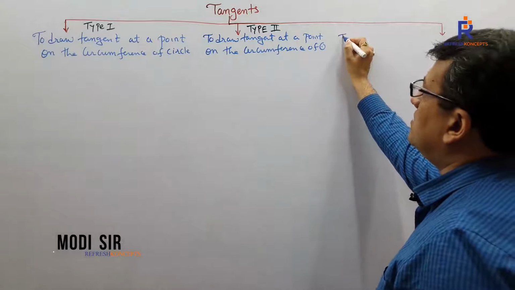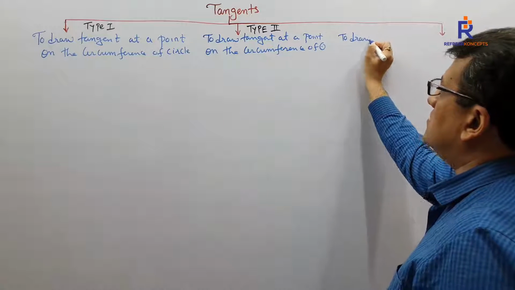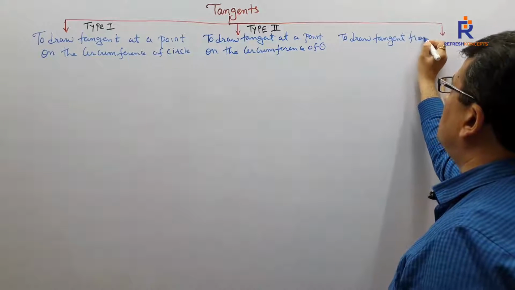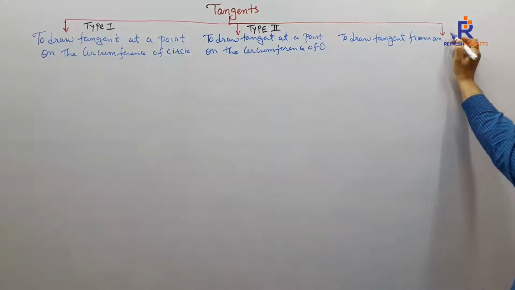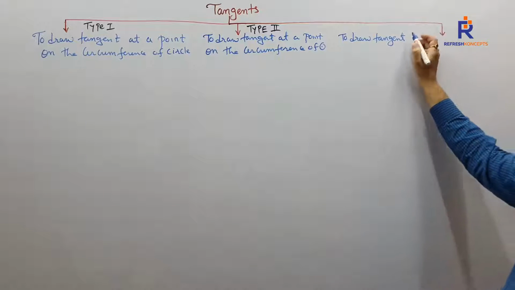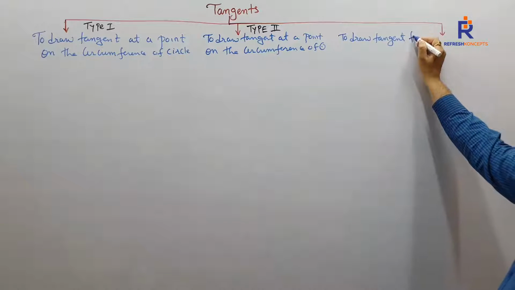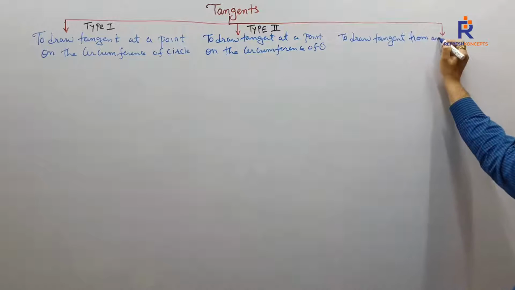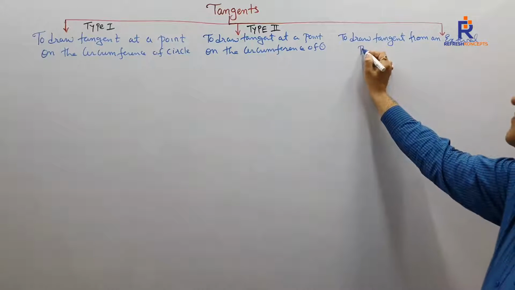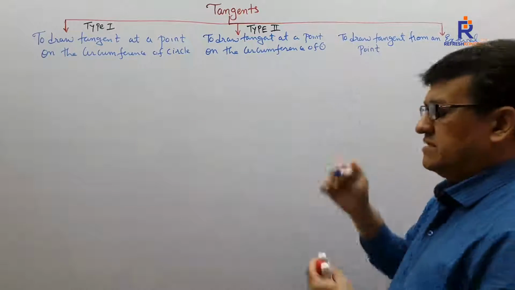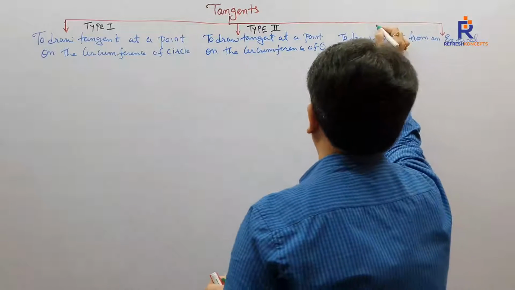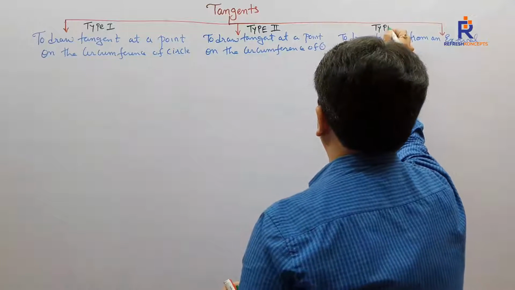To draw a tangent, or even you can say tangents, from an external point. This is nothing but my type 3.